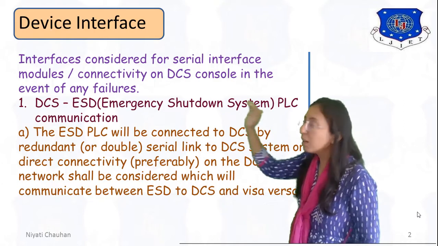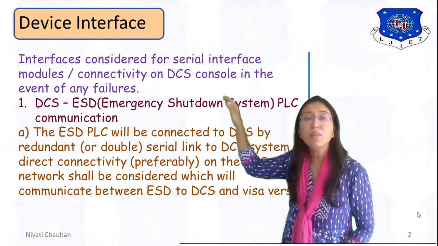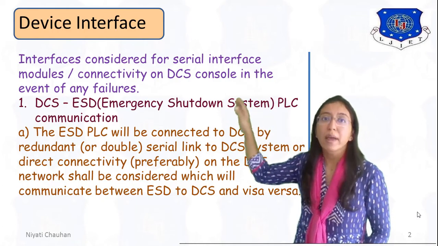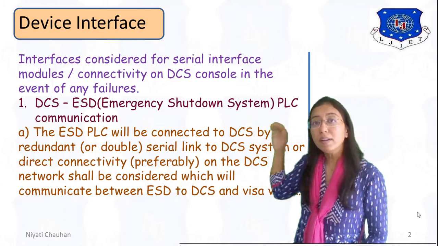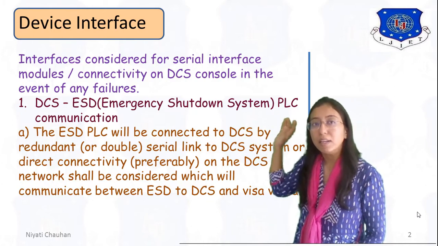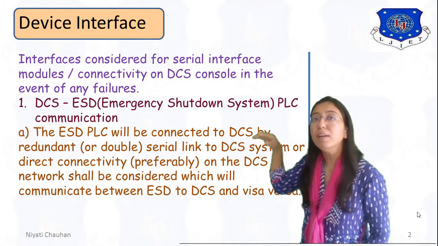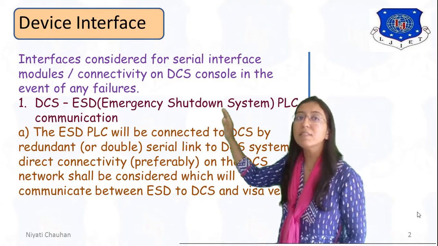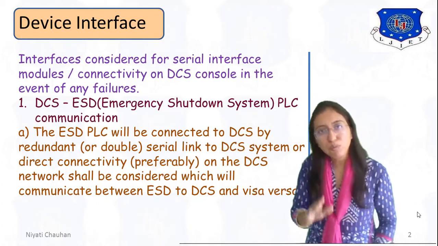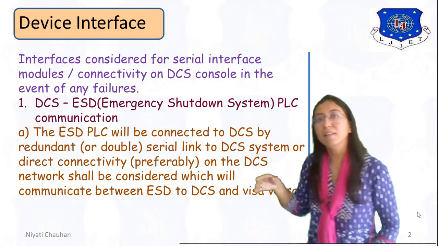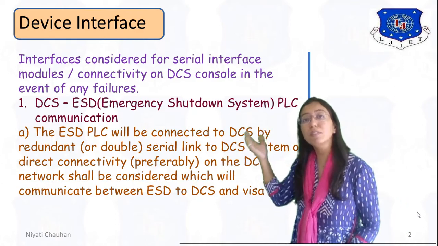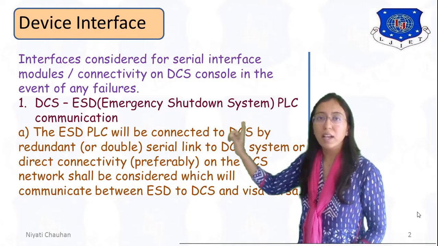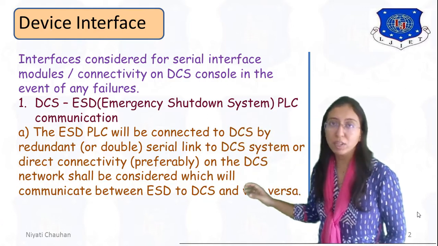So interfaces considered for serial interface modules, connectivity on DCS console in the event of any failures. First, DCS ESD, full form of ESD, that is the Emergency Shutdown System. So first, DCS ESD PLC communication.